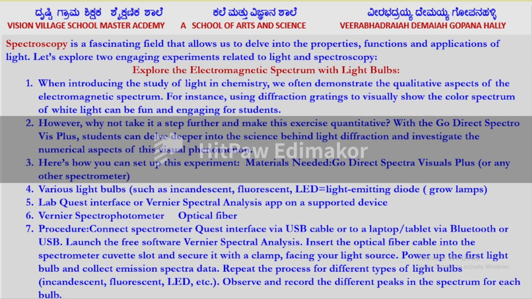With a Go Direct spectrometer, students can delve deeper into the science behind light diffraction and investigate the numerical aspects of visual phenomena. Here's how you can set up this experiment. Materials needed: Go Direct spectrometer and various light bulbs such as incandescent, fluorescent, LED.